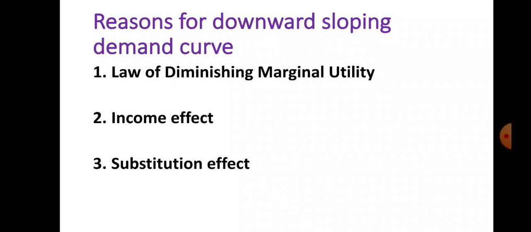For example, tea and coffee, sugar and jaggery, Pepsi and Coke, etc. So these are the examples of substitute goods. Okay, so substitute goods, substitution effect, that is also important reason for downward sloping demand curve. Now let us see the next reason for downward sloping demand curve, multi-purpose uses.